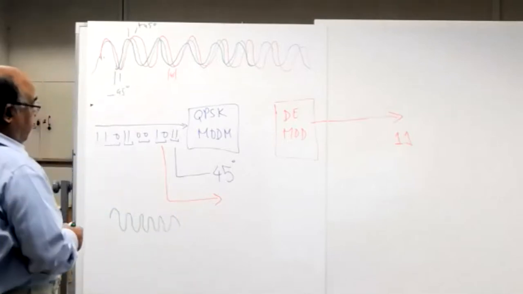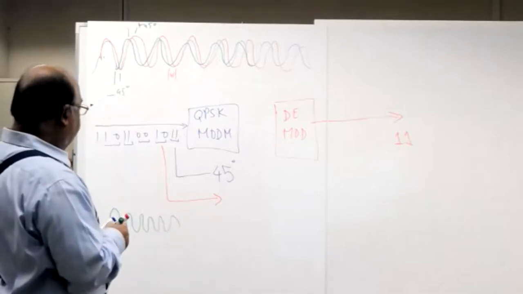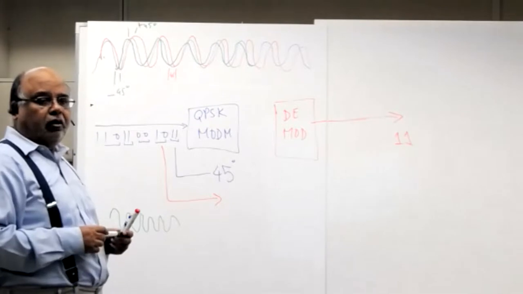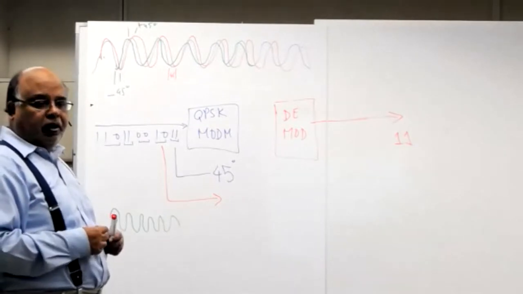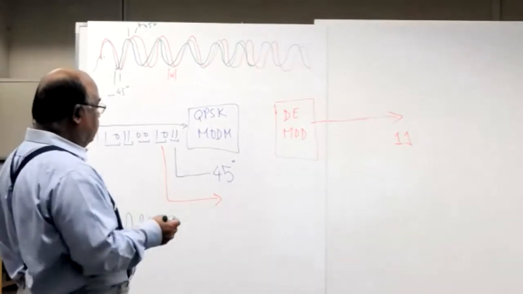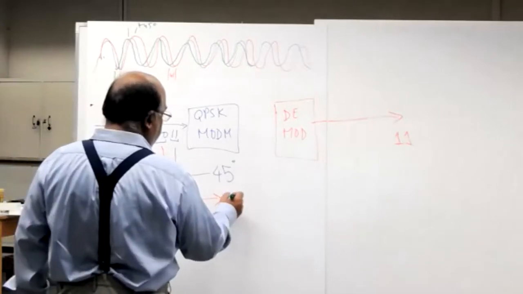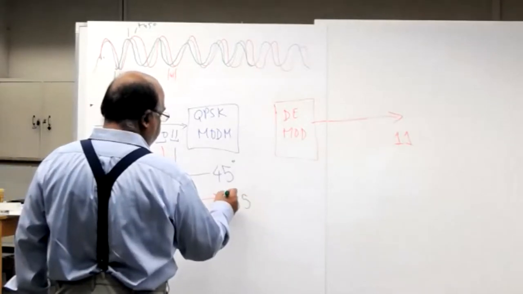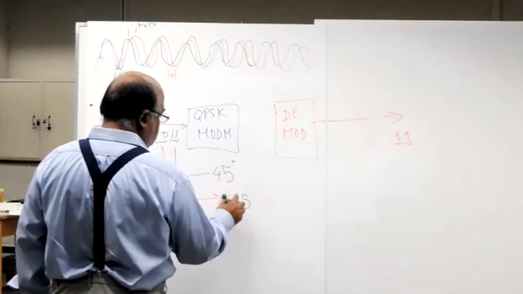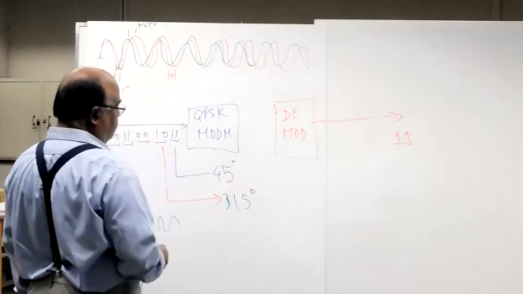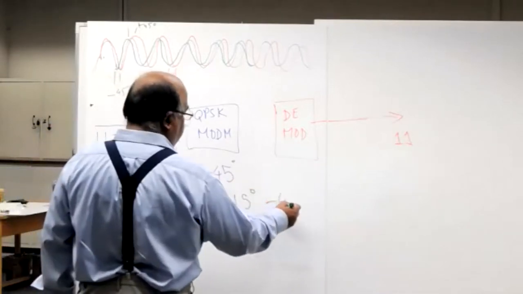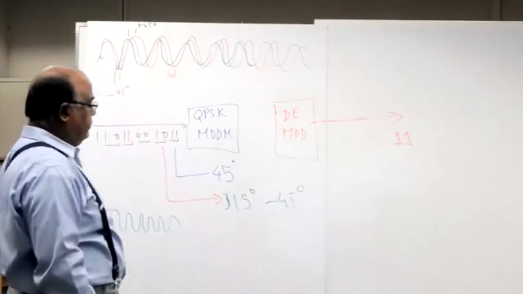I can't even draw this waveform. That's where my waveform-drawing abilities fail me. So this is 135 degrees out of phase, or minus 45 degrees out of phase.